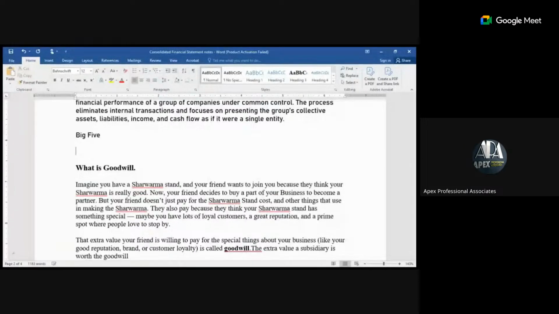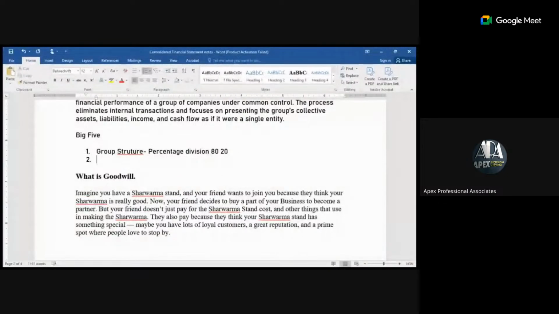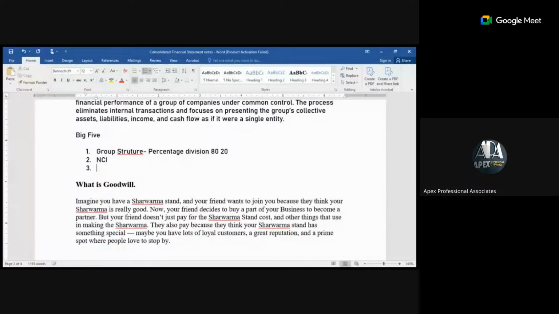The first thing you must be familiar with, which you will take your time to study, is the group structure. The group structure is referring to the percentage holding. Like in this case that we have up there, we have 80-20. That's a group structure.